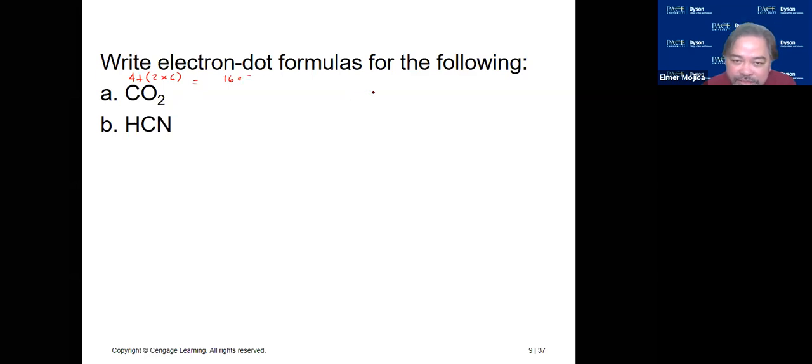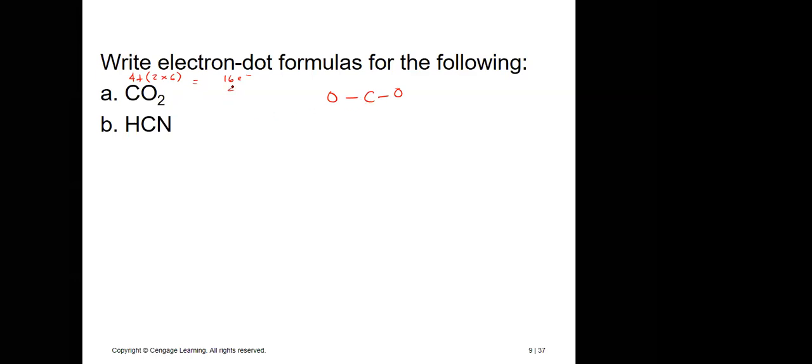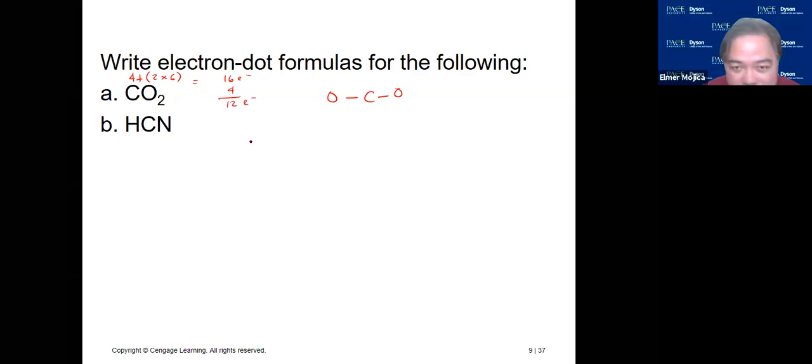So if you're going to look at this, that's how you have it, right? If you're going to arrange it this way, how many electrons were utilized here? 4. So you still have 12, right? What do you do with the 12? You distribute it here. 1, 2, 3, 4, 5, 6, 7, 8, 9, 10, 11, 12.